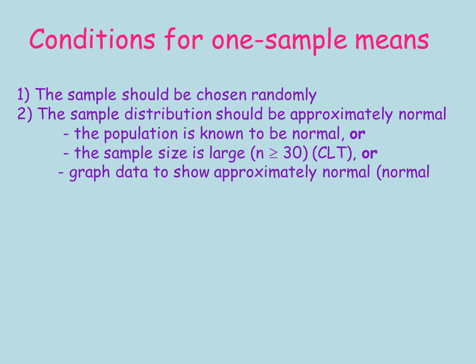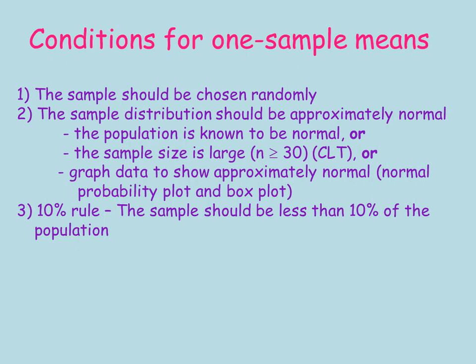Otherwise, the graph that you look at when you graph your data has to be approximately normal, and we'll go through some examples. You can look at a probability plot, a box plot, a histogram. Those are the things that we're looking for. So it should be unimodal and symmetric.